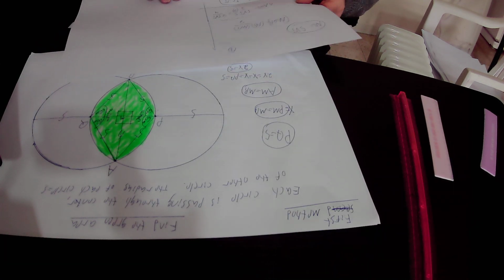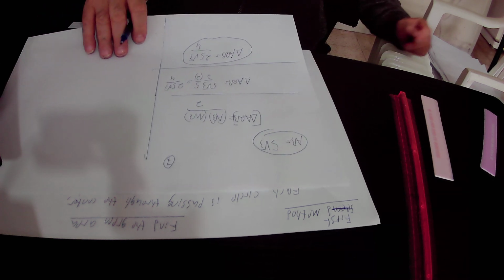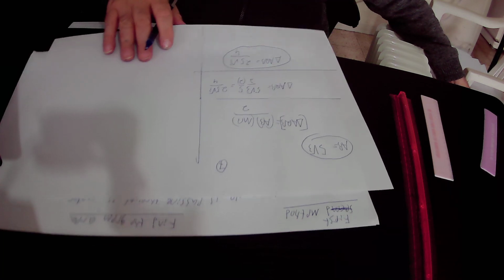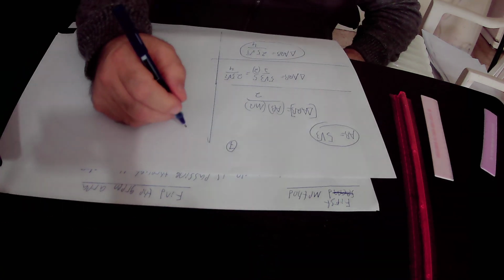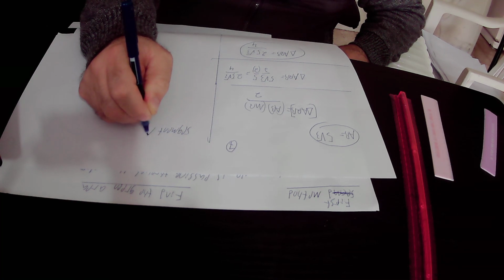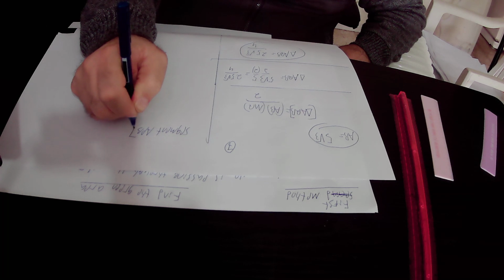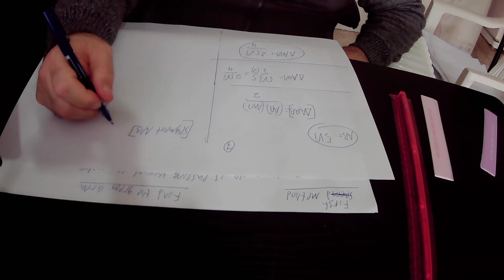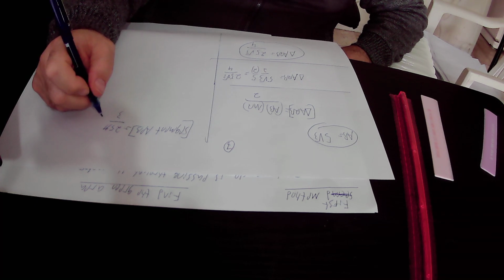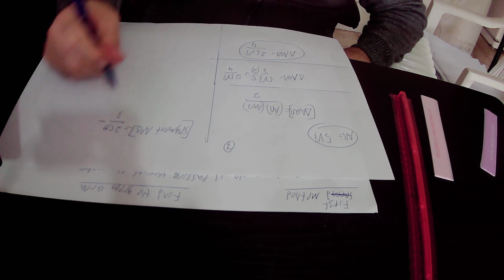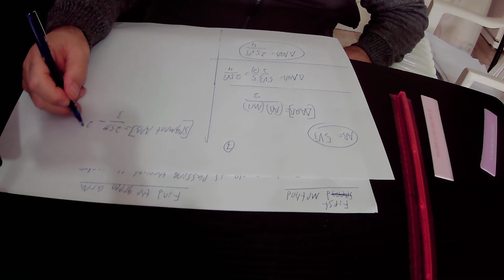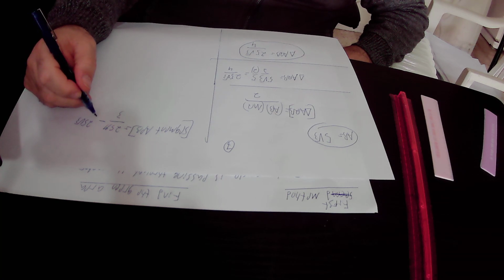So here we found out that the area of segment APB equals 25 pi over 3 minus x. X is the area of triangle AQB, and the area of triangle AQB equals 25 times square root of 3 over 4.